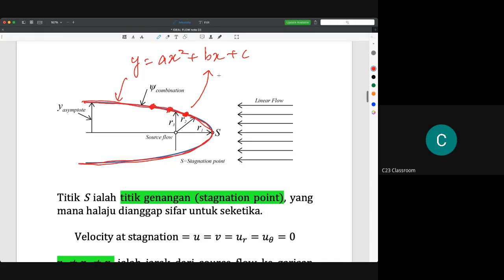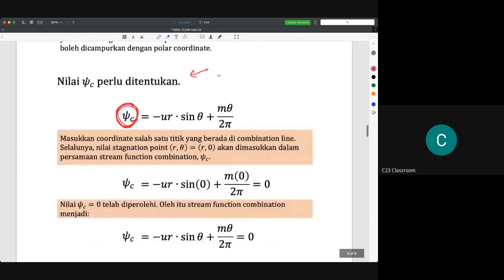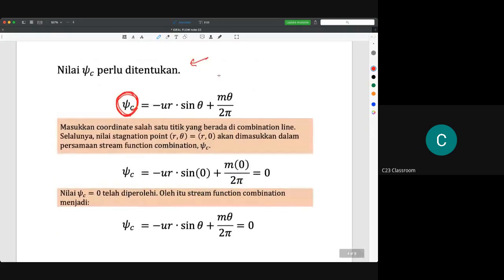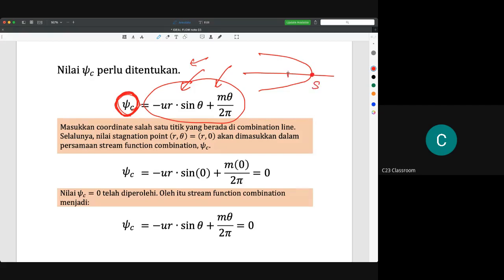So what we need to do is substitute one coordinate into this equation, then we could determine whether psi combination is equal to 0 or not. We have a stagnation point here, and this is the center of the source, with a small r here.